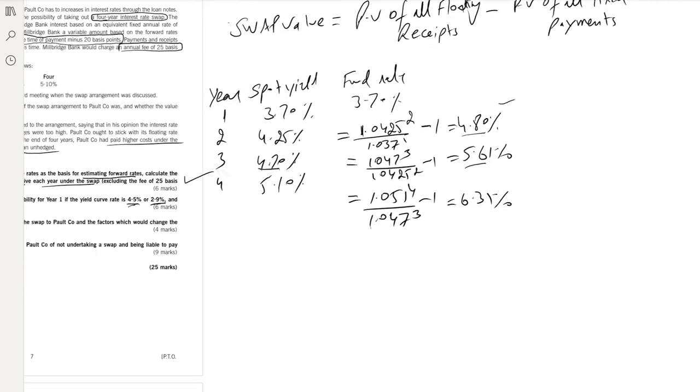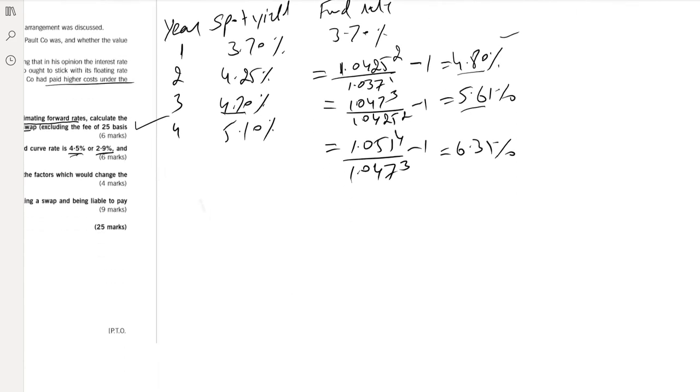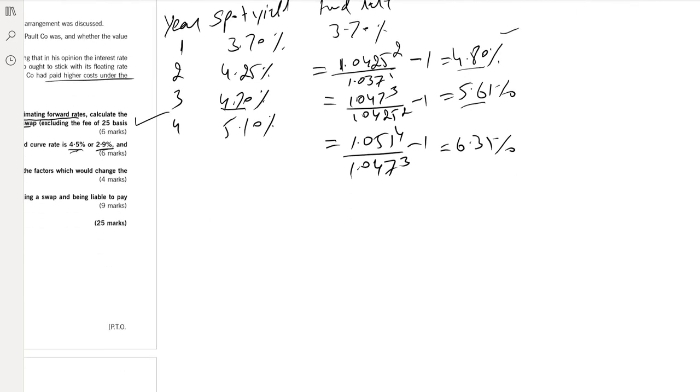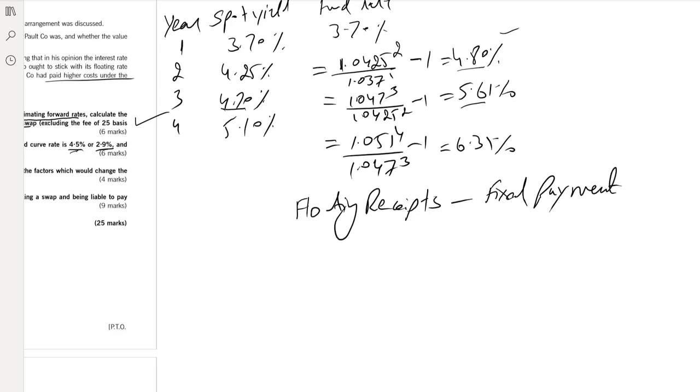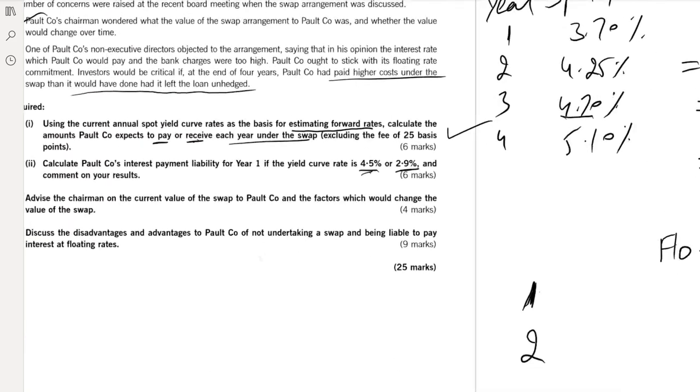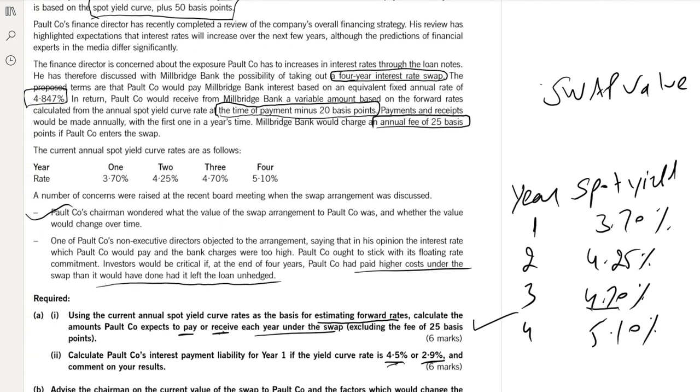Okay, now let's calculate the fixed and floating leg. Floating receipts minus fixed payment. This is year 1, year 2, year 3, year 4. So it was written in the scenario that we will receive the floating variable amount based on the forward rates minus 20 basis point.